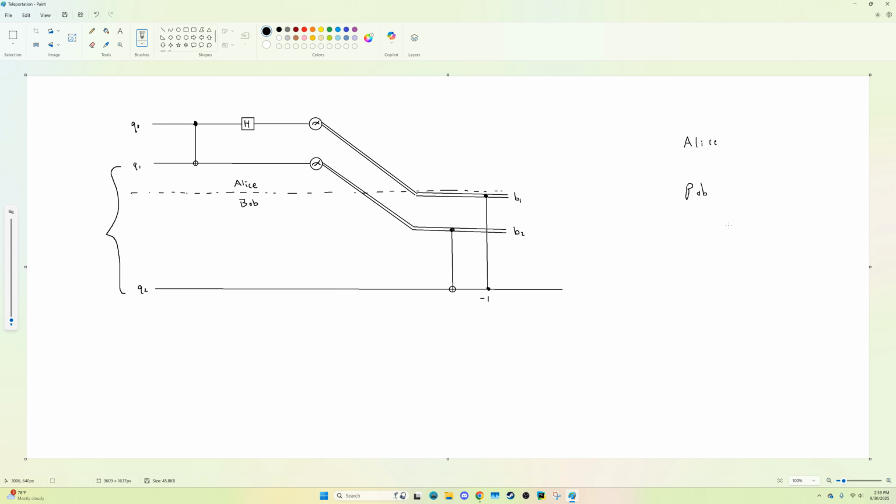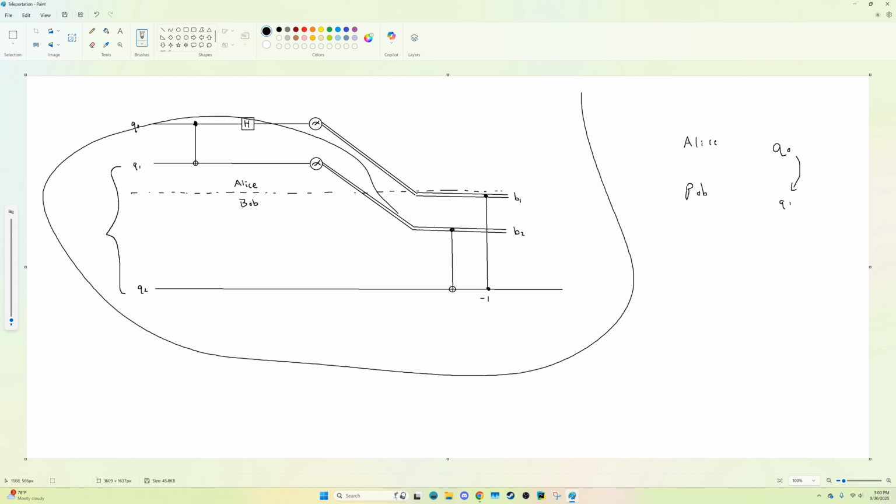So Alice has a qubit, Q0, and Alice wants to send the information and transfer it into Bob's Q1. And Alice has to do this without measuring Q0, because if Alice measures Q0, she'll measure it later in the actual circuit, but she can't measure it directly right now. Forget the circuit on the left for now. That's not important.